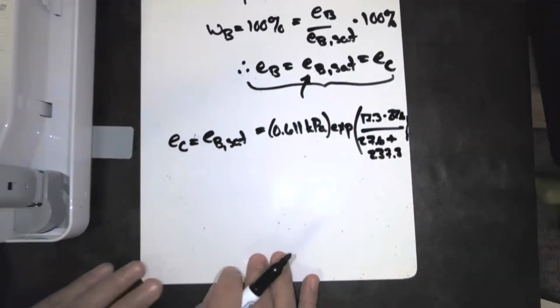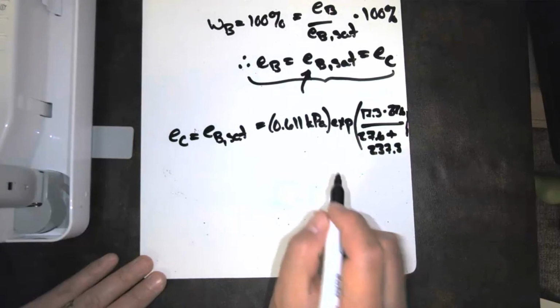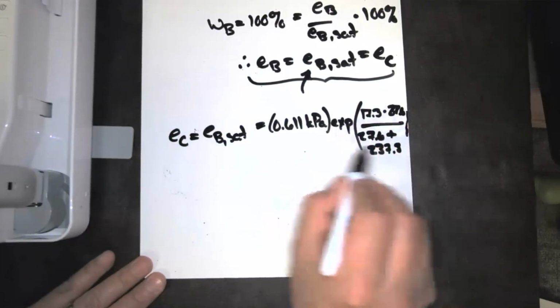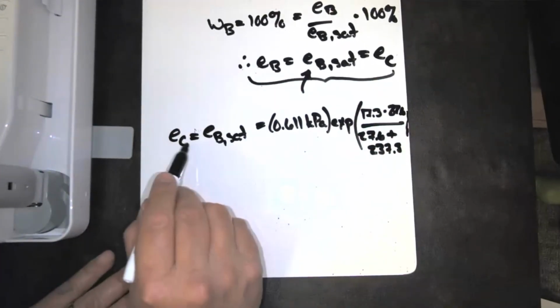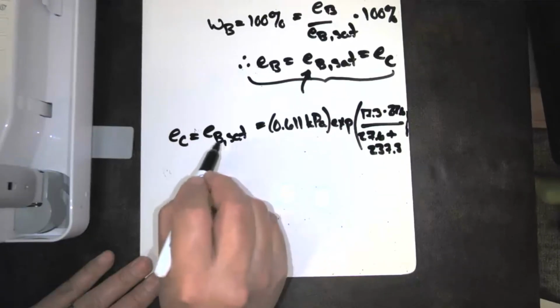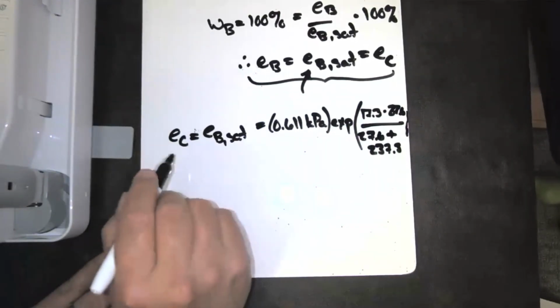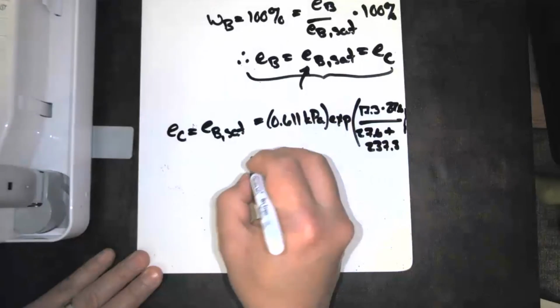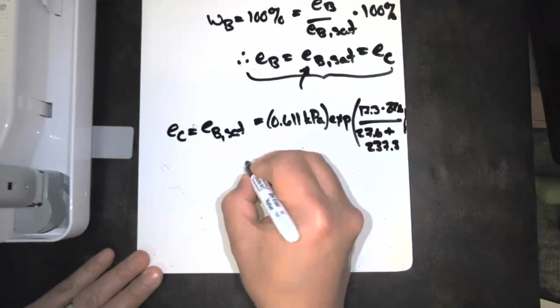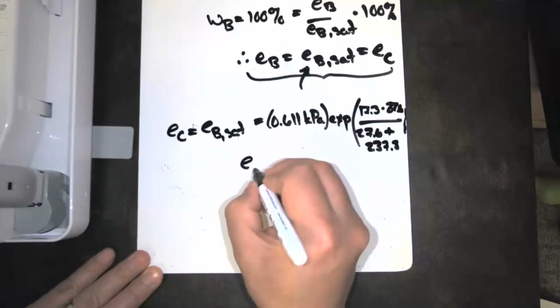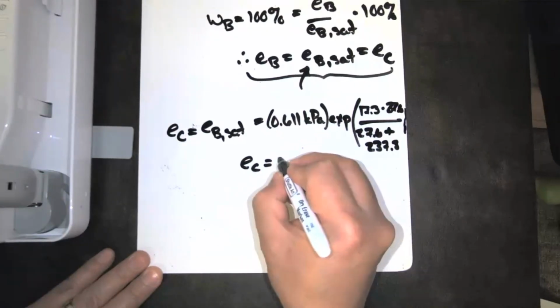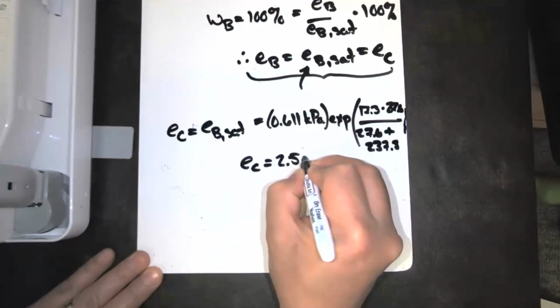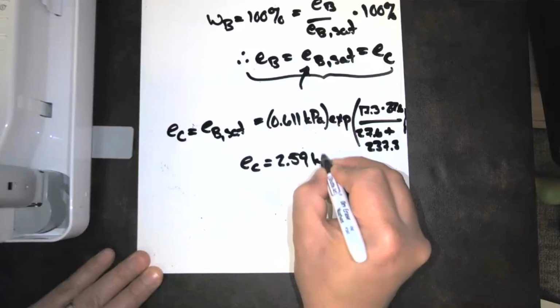Okay. Sorry, sort of ran out of space there. When we use this equation to calculate the saturation vapor pressure at location B, or the actual vapor pressure at location C, we get a value E_C is equal to 2.59 kPa.